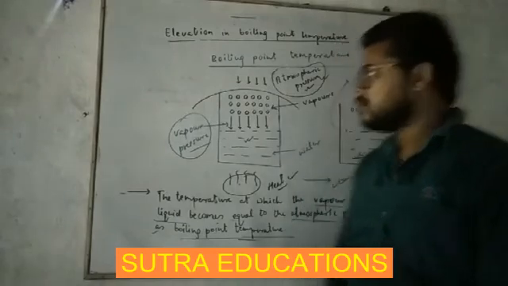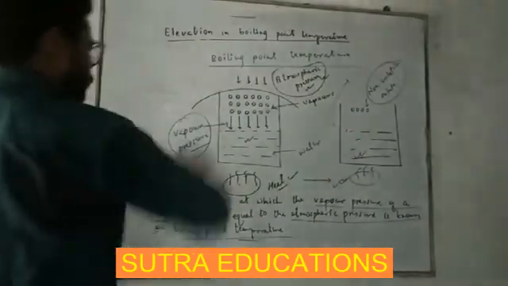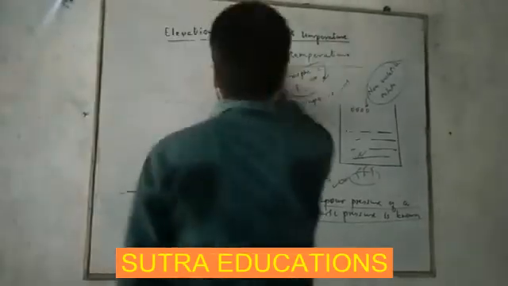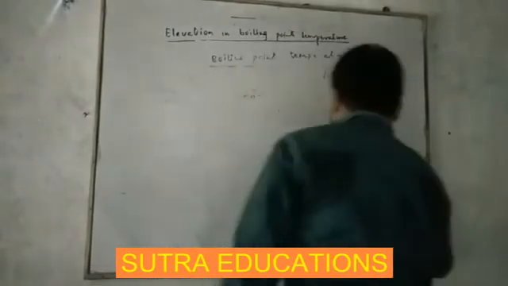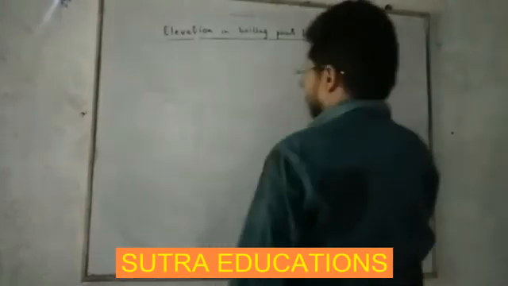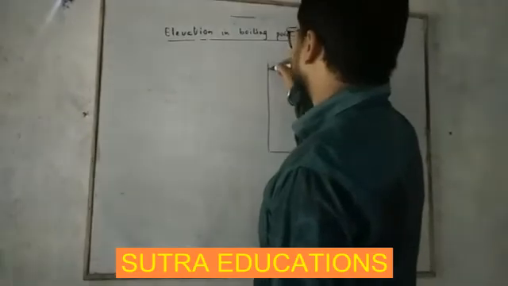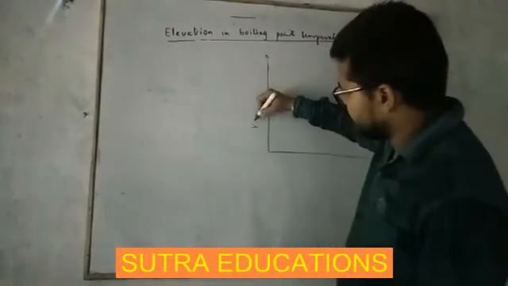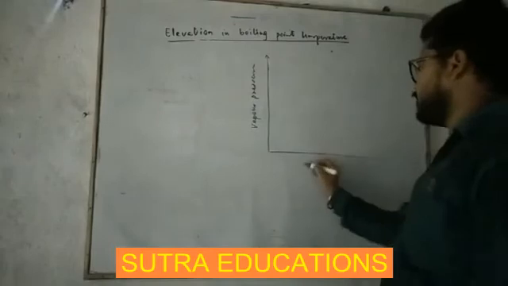Okay, now we will understand it with a graph. The graph is vapor pressure versus temperature.